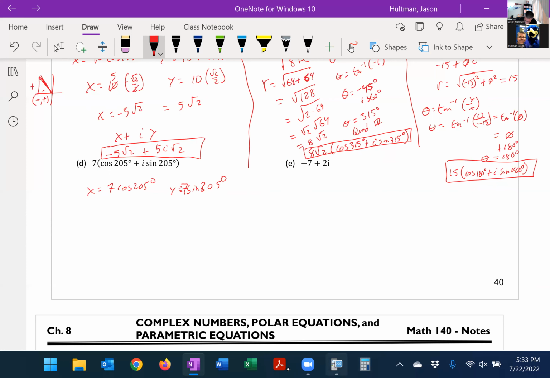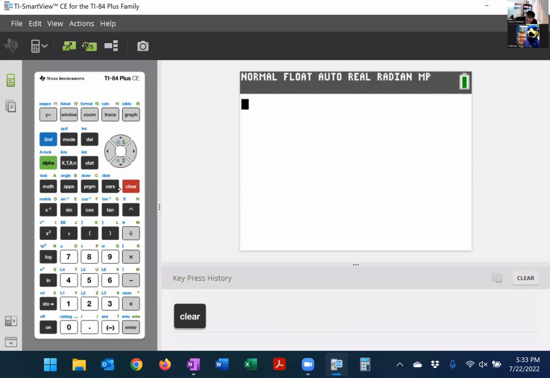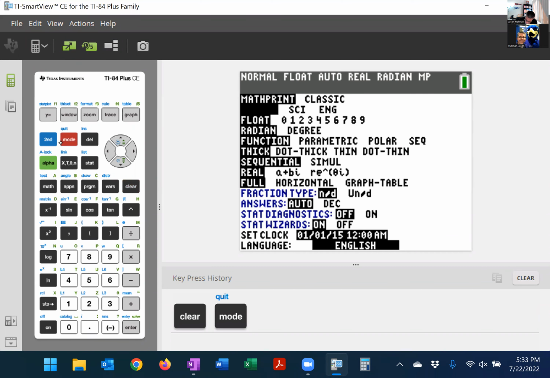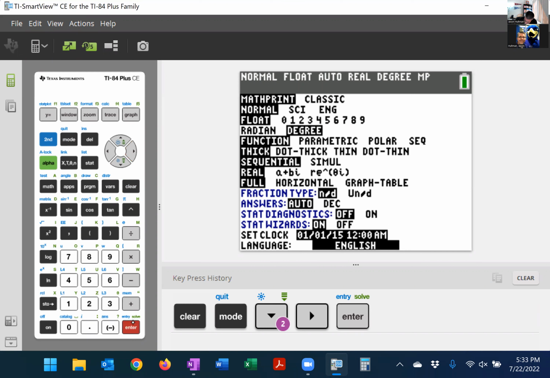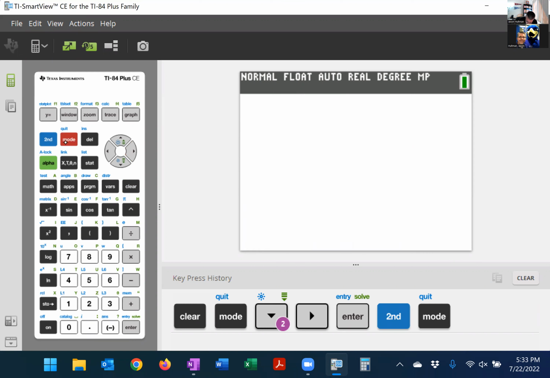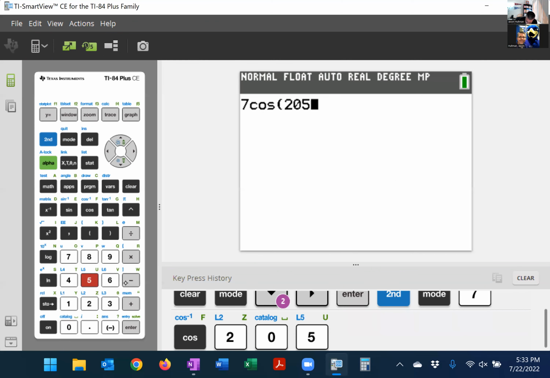So I'm going to go to the calculator on this one. Make sure I am in the correct mode. I'm not. I need to go to degree mode. Okay, I want 7 times the cosine of 205, and that's negative 6.34, roughly.